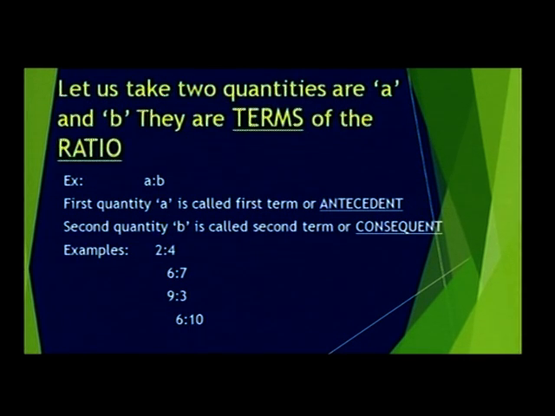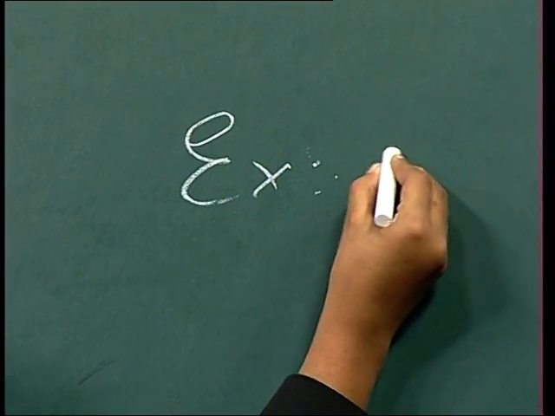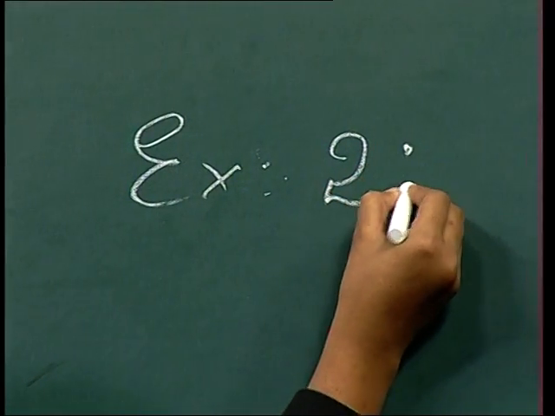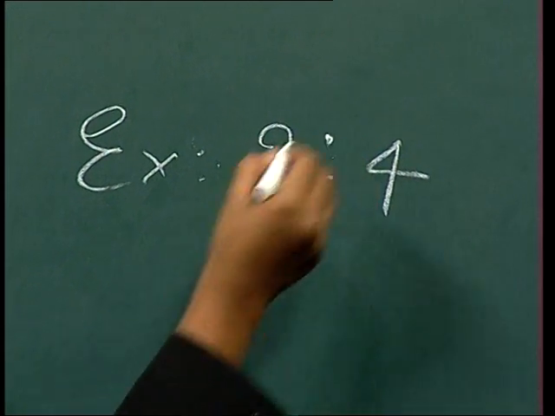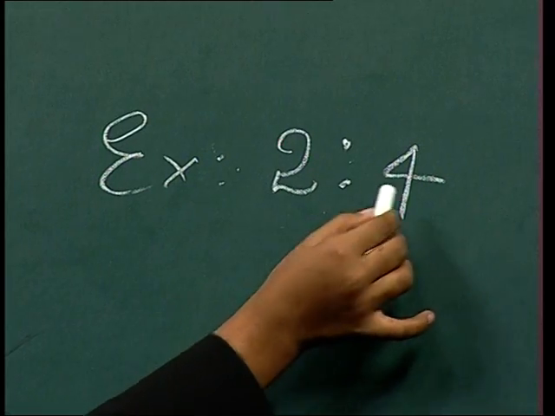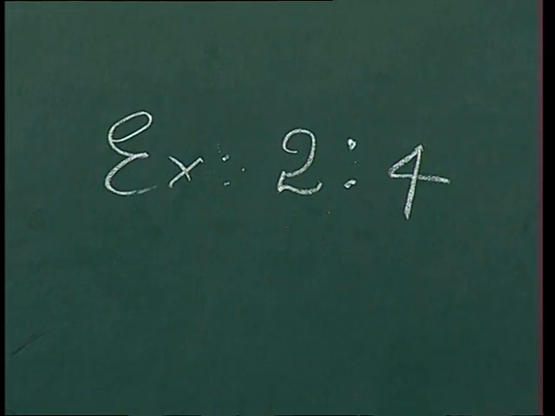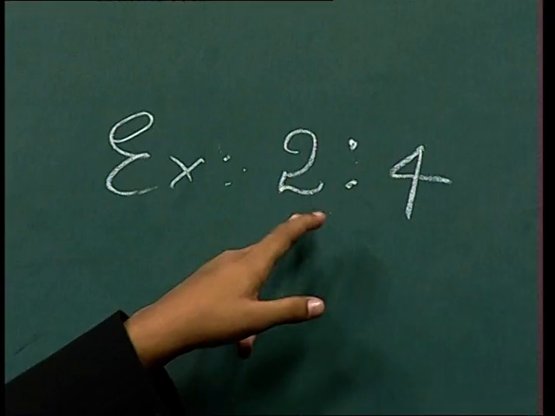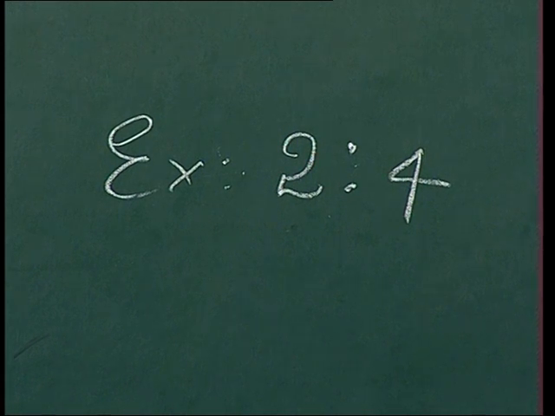Let us take an example. This is the symbol for ratio. We said it is 2:4. Now friends, can you tell me which is the antecedent and which is the consequent?